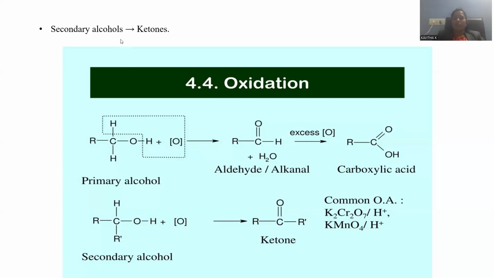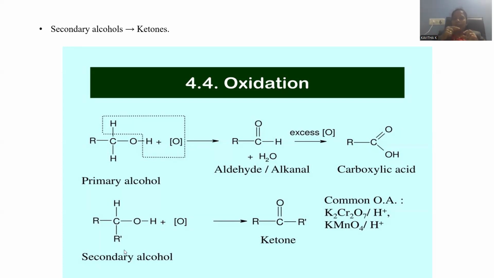Now, the case of secondary alcohols. Whenever secondary alcohols are taken, there is a provision to achieve ketones as the product. Secondary alcohols are those where the carbon containing the hydroxyl is bonded with two alkyl groups.